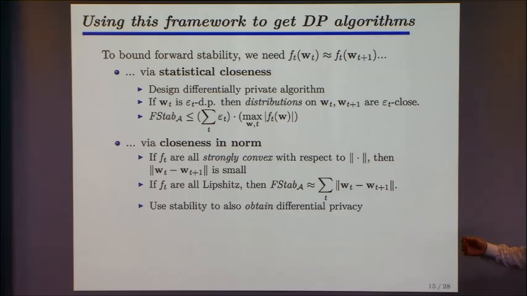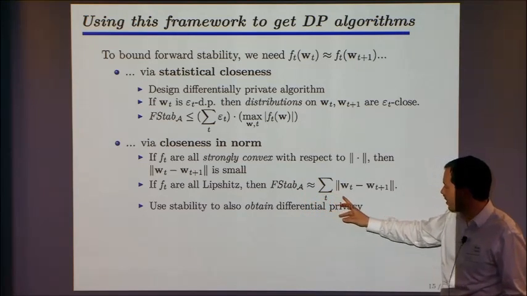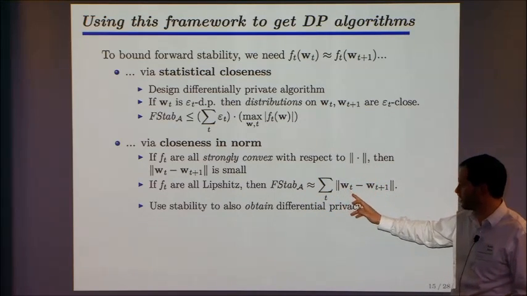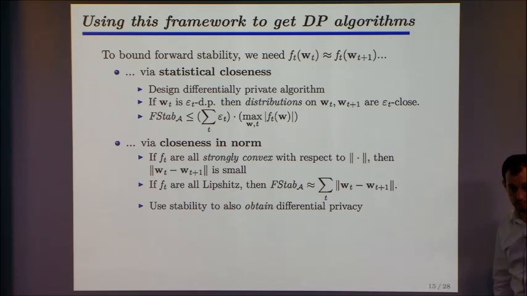And then as long as my functions are also smooth, meaning they don't change too quickly, the stability I get is roughly going to be bounded above by the sum of the distances from WT to WT plus 1. And as long as that sum is not too problematically large, then I'm in good shape.